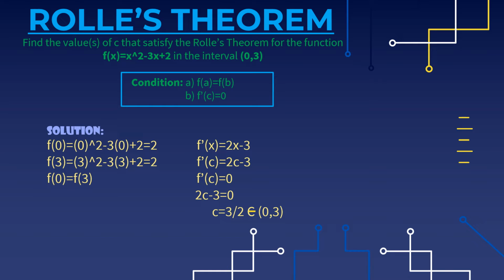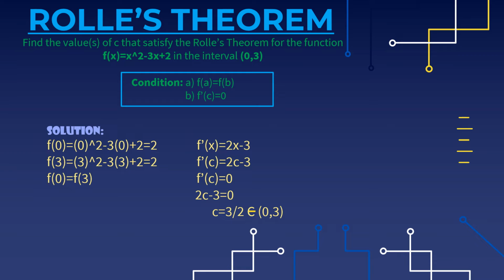Problem solution. Firstly, we need to substitute the values from the interval, which is 0, 3, into the function and we will get the value which is 2. And we actually satisfy the first condition, which is f(a) equal to f(b). Then we need to differentiate the function f(x) and we will get f prime x equal to 2x minus 3.